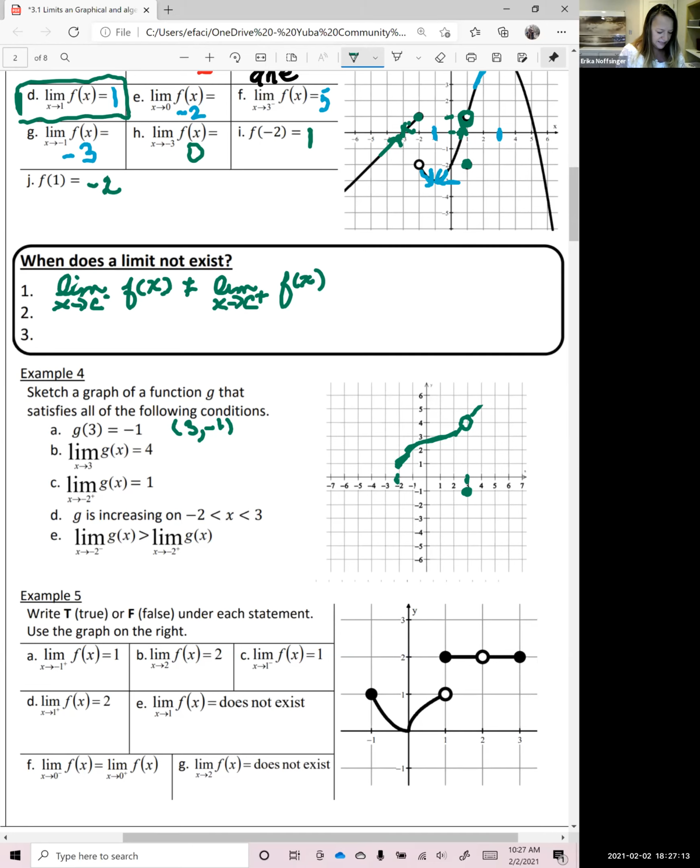And then it says that the limit as x is approaching -2 on the left-hand side of g of x is a bigger value than the limit as x is approaching -2 on the right-hand side of g of x. So basically it's telling me my y value is a bigger y value at x equals -2.